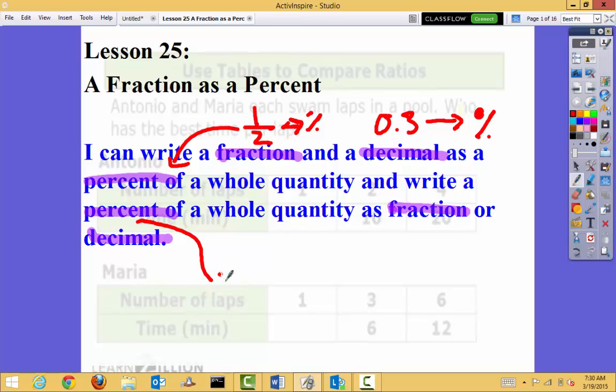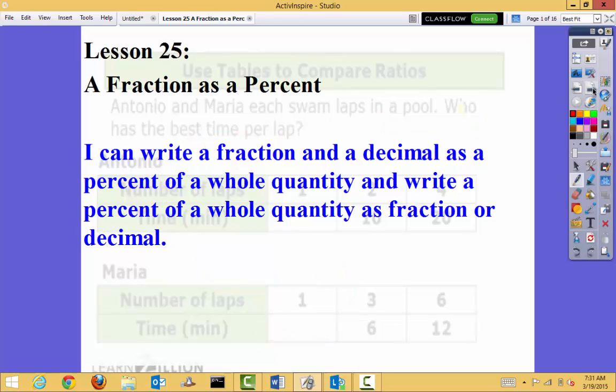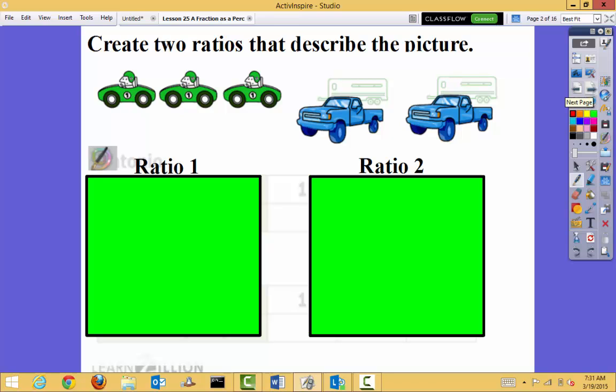It says I am going from a percent to both a fraction and a decimal. Alright, so let's continue.